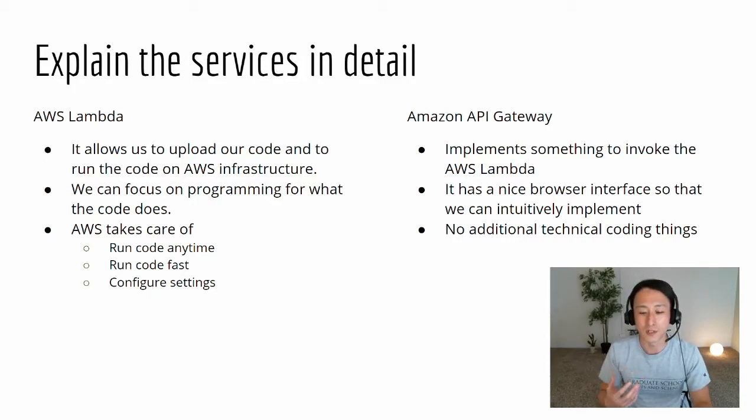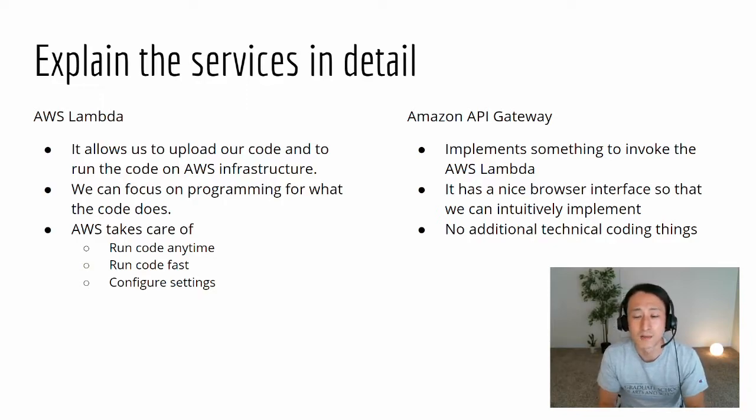What we have to do is just focus on programming that functionality. And this is very good because AWS is going to take care of making sure the code is always available, and also runs the code very fast. And probably you need to do some kind of configuration settings, but Amazon can help you to do that. So that's about Lambda.